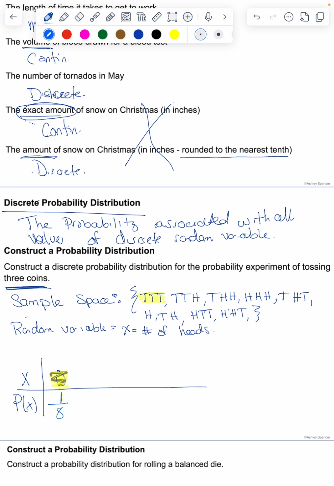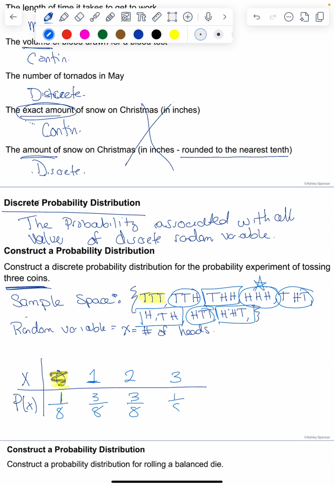Question is, how many times do we have 1 head? So 1 head is right here, right here, right here. So we've got 3 out of 8. How many times do we have 2 heads? 2 heads we are right here, and right here. So we've got another 3 out of 8. And how many times do we have 3 heads?